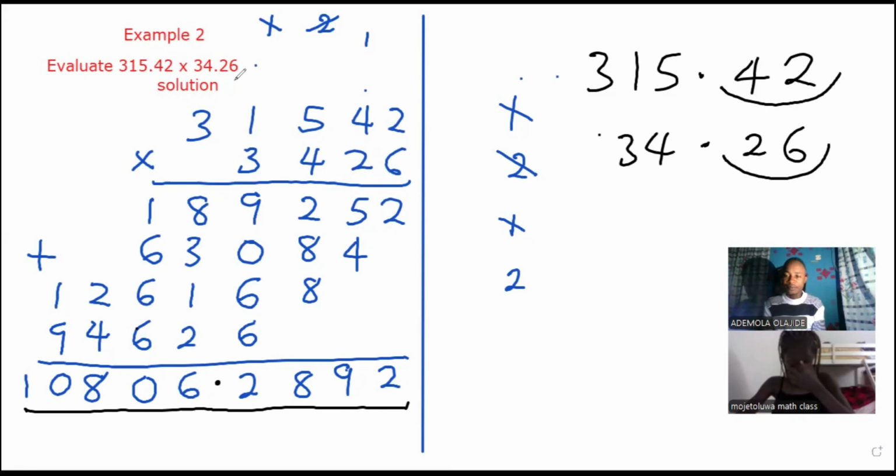We are supposed to start by aligning the decimals, but since it's multiplication, we aren't going to align them. Okay, let me come in.